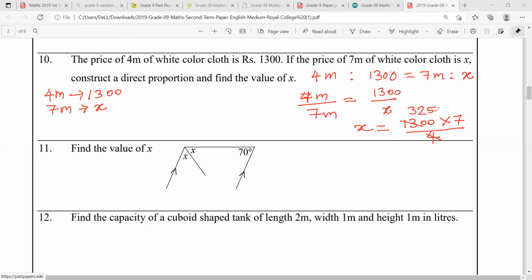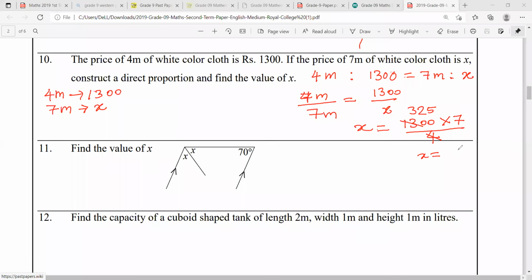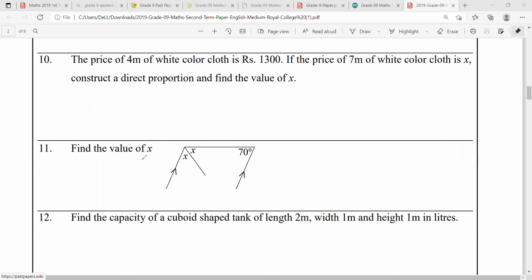You have 5, and then I can write X is equal to 2,275, and this is the price of 7 meters, right? So here you have to find the value of X.